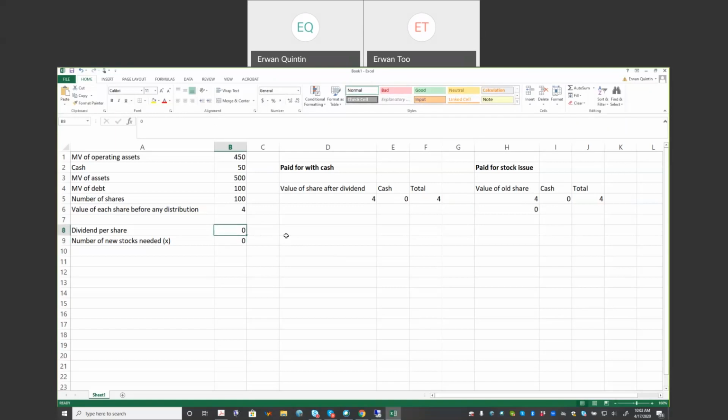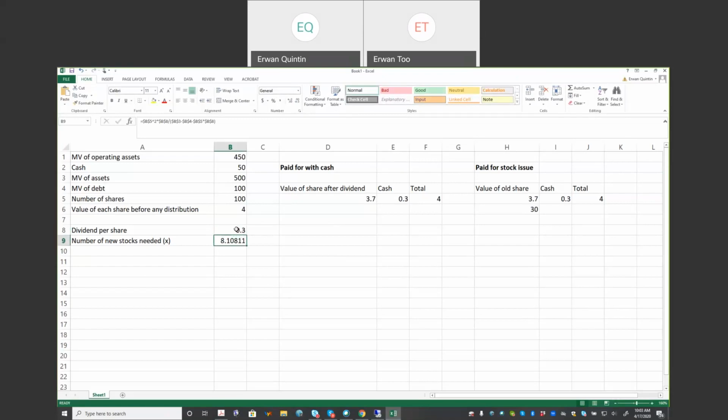Of course, if you change the dividend per share to 0, we are left in the original position. But what if I only pay 20 cents in dividend? It does not matter. I just need to issue fewer stocks to pay for it or deplete my cash a little bit less. It really doesn't matter what number you make here.